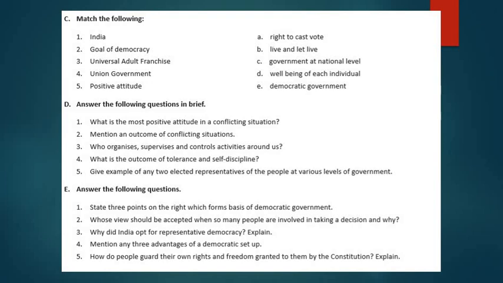Now we'll come to question answers again. That is the major part, which you are going to write down very precisely and nicely without making spelling mistakes. And before you jot down the same in your fair copy, you will check the spellings. Okay, question number 1 of section D. What is the most positive attitude in a conflicting situation? Write down the answer.